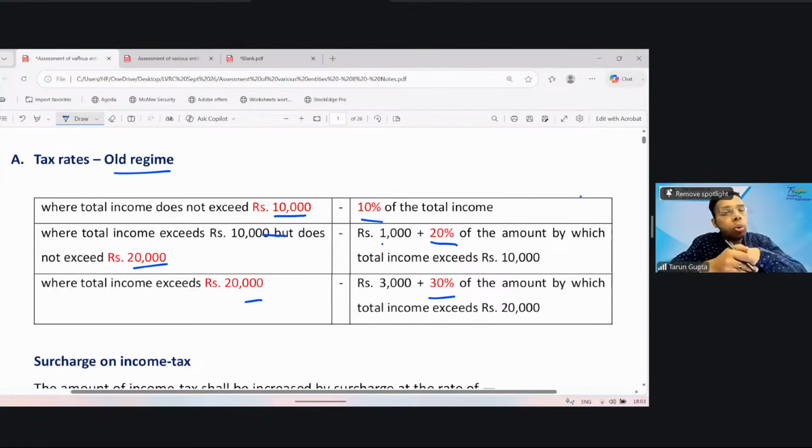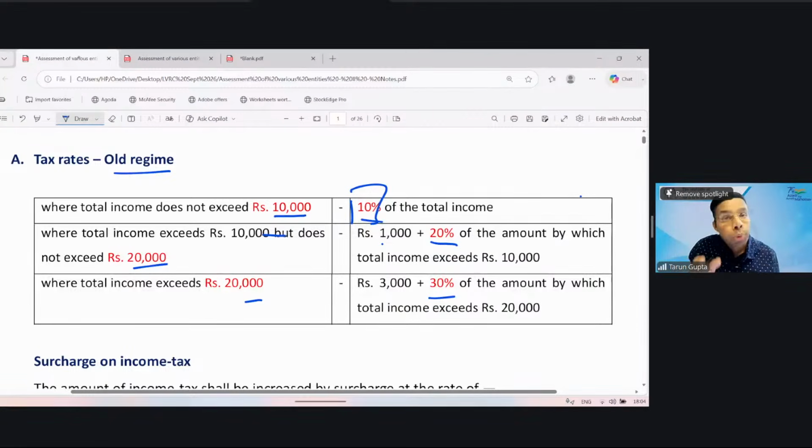So similar to the individual, there is a slab rate applicable for cooperative society as well. But with one fine line difference: there is no basic exemption limit in case of cooperative society, as there is in case of individual, HUF, etc.